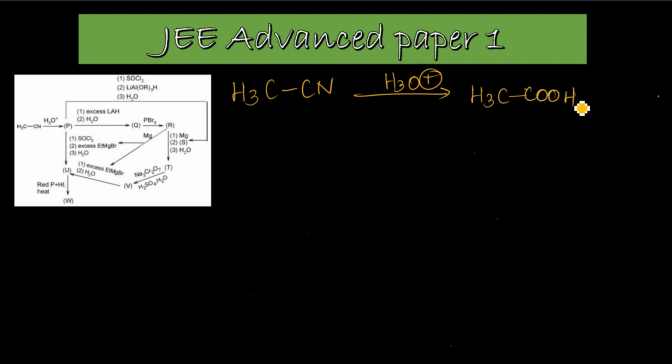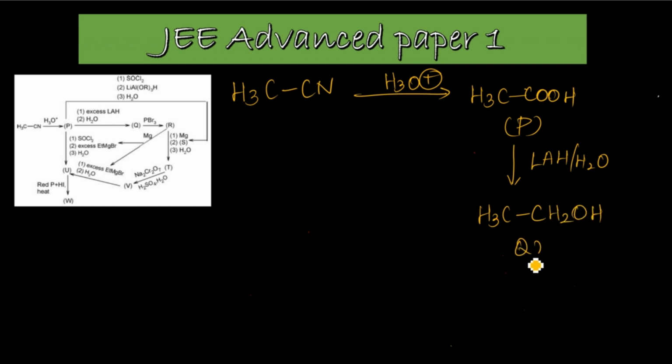Then that is our P. Then this is reacted with lithium aluminum hydride and H2O to produce Q. Lithium aluminum hydride is a strong reducing agent, so it will produce ethanol, right? That is our Q.